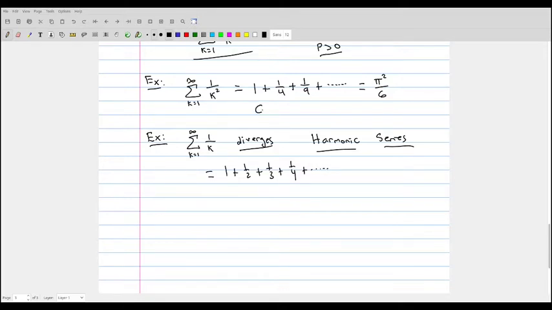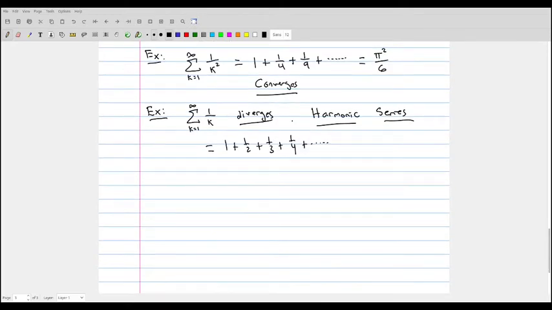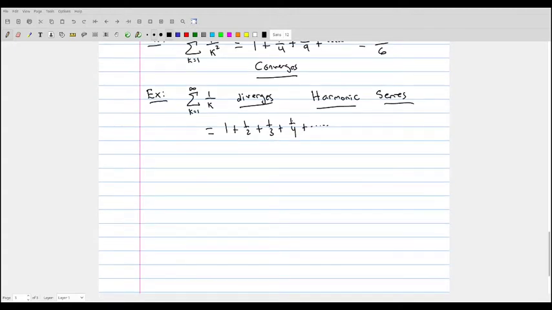The P series for p equals 2 converges, but the P series with p equals 1 diverges. These are two really good examples showing that you have to be very, very careful when talking about a given series. Even for a series of the same form, it may converge for certain values of the parameter it's defined with, and it may diverge for others. So you have to be very, very careful.